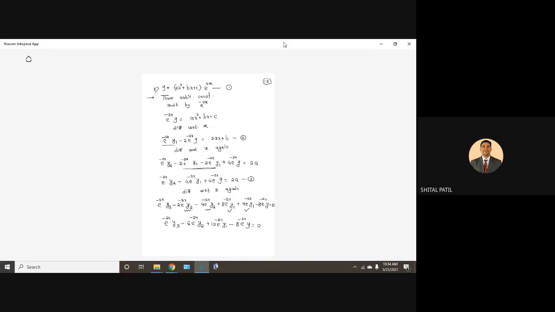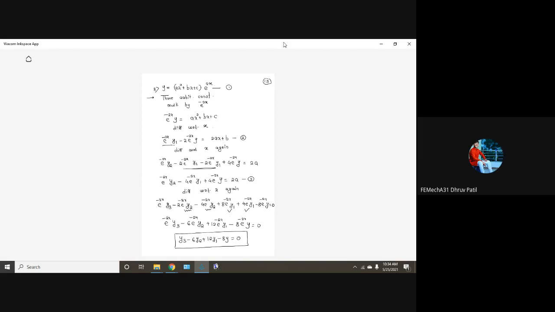And cancel e raised to minus 2x. This is the differential equation.